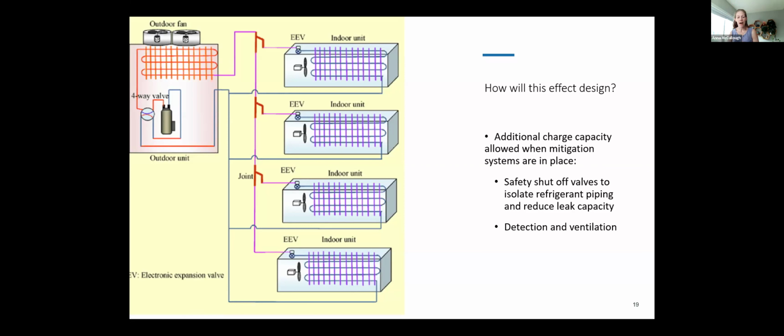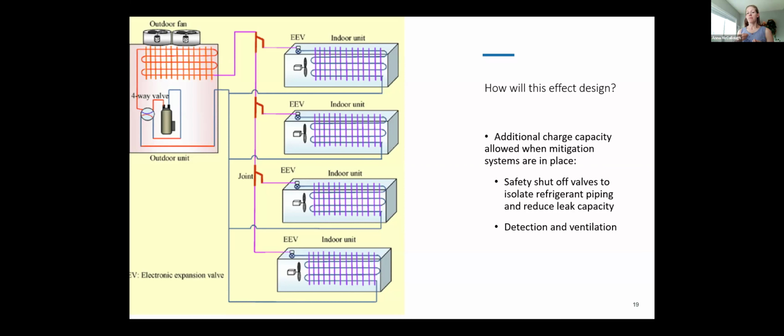So when we think about the total amount of refrigerant that is included in a VRF system, it's a very large charge. Oftentimes, it will be greater than the limits that are set on these new A2L refrigerants.